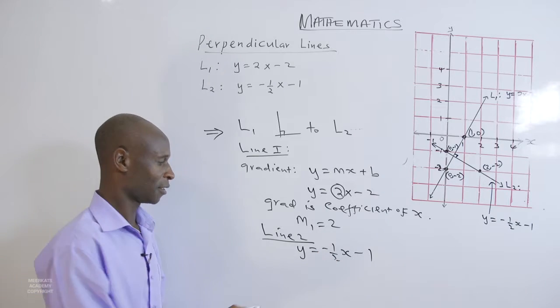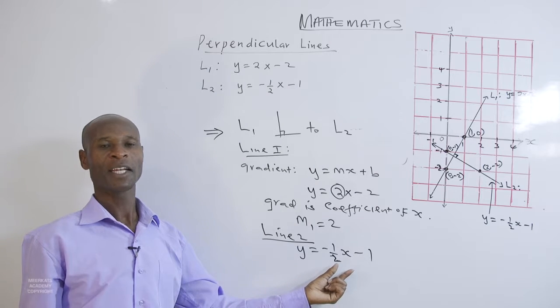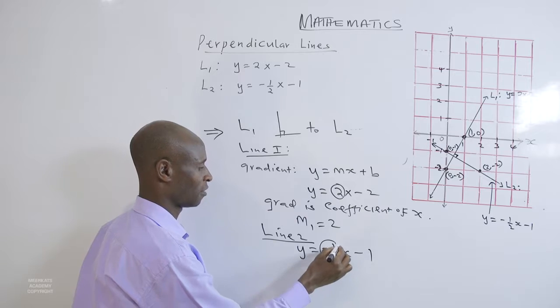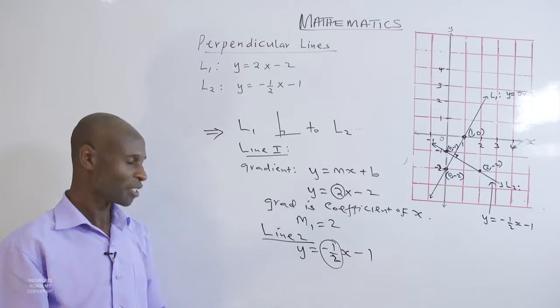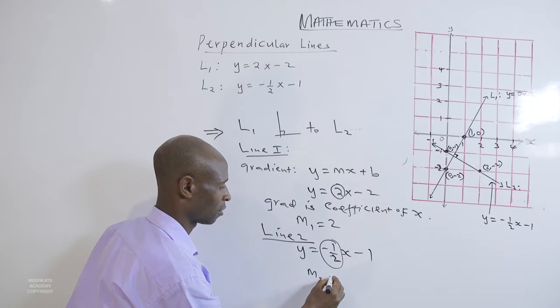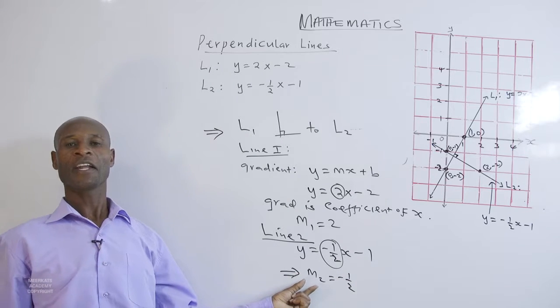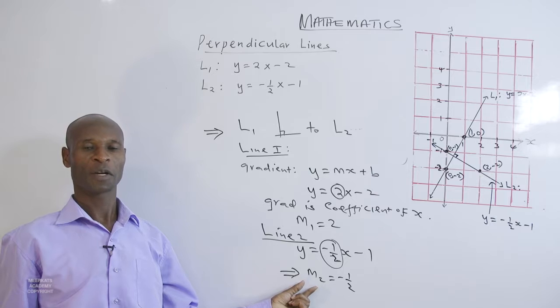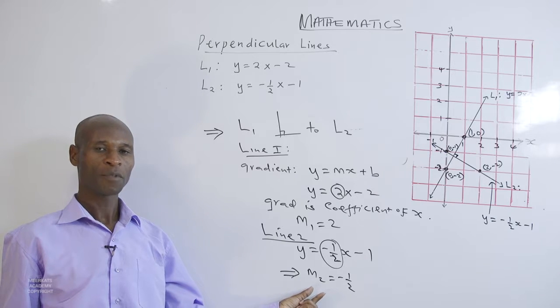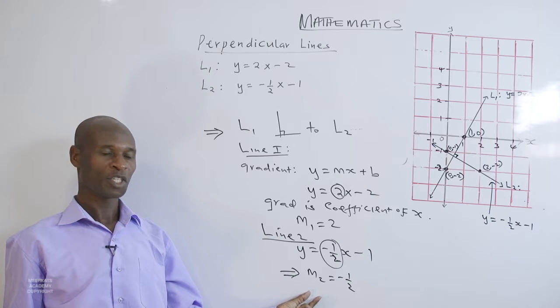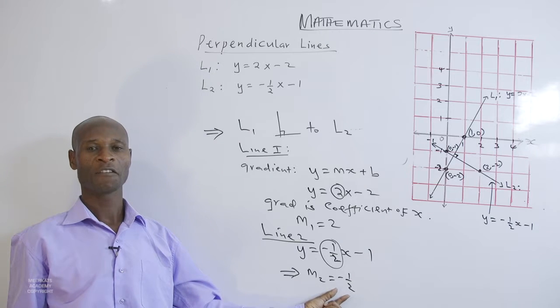So we must link the coefficient of x with the negative. If the gradient of line 2 is represented by m2, then we can say that the gradient of line 2, which is m2, is equal to negative a half.